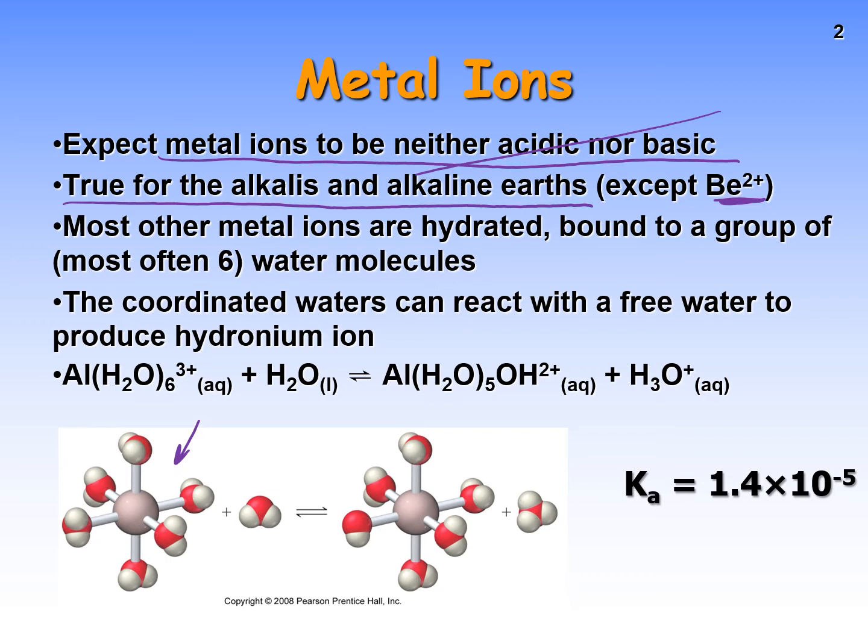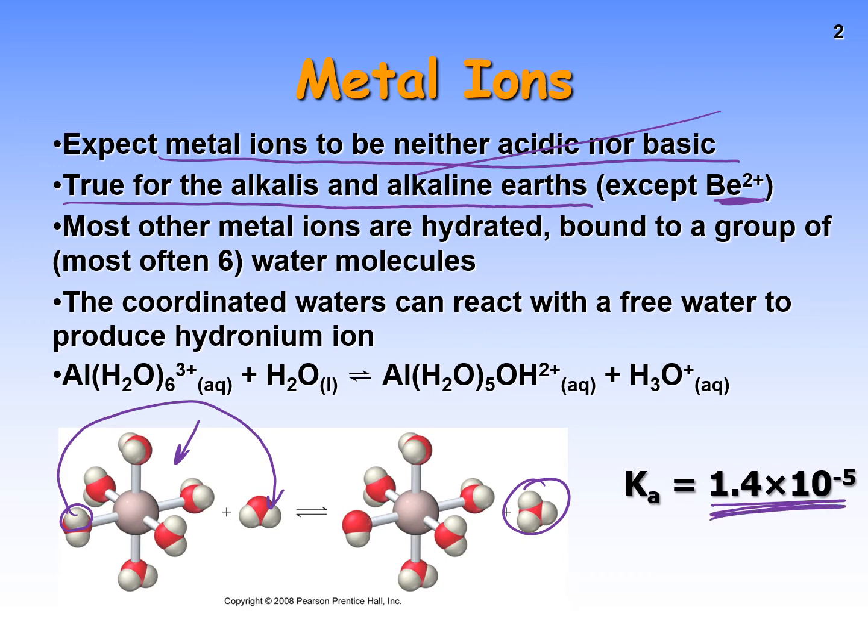So one of these hydrogens here can actually jump ship. In our case, I circled the wrong one in this picture. This guy goes away, right? It attaches to H2O, forms H3O+, and you can see here now we have an OH group attached to our aluminum ion instead of H2O. We still have 5 other H2Os still attached in an octahedral structure, but this has a Ka of 1.4 times 10 to the negative 5.